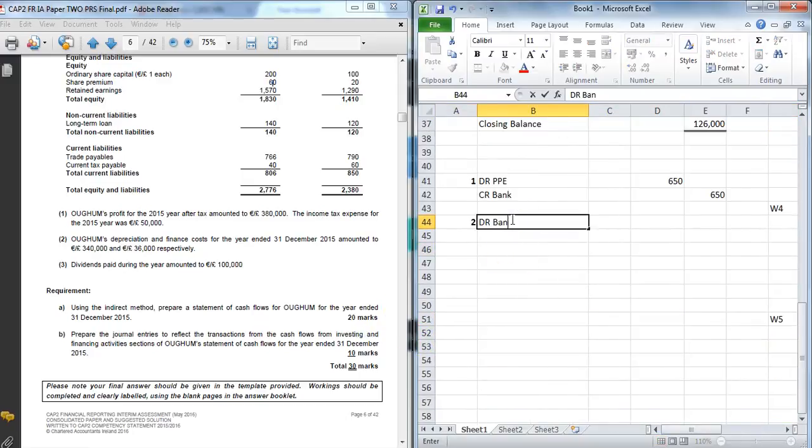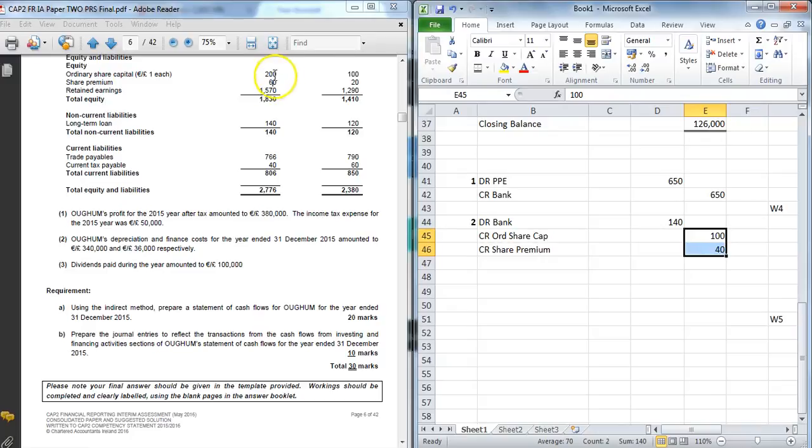It'll be debit bank inflow, credit ordinary share capital, and then you'll credit share premium. So debit bank 140, credit share capital 100, share premium 40. And how I know that split is I'm giving it to it in the SOFP. Share capital has gone up 100 and share premium has gone up 40.